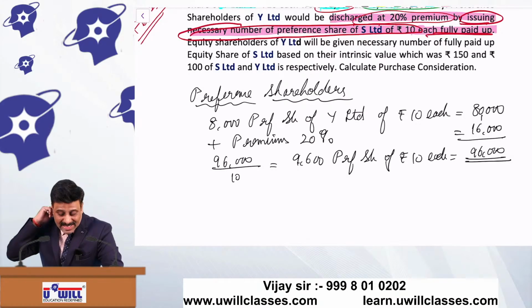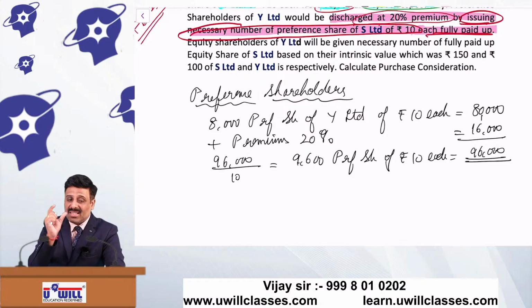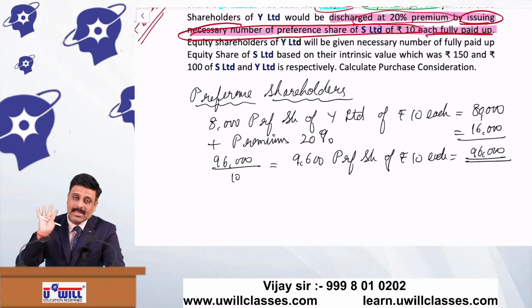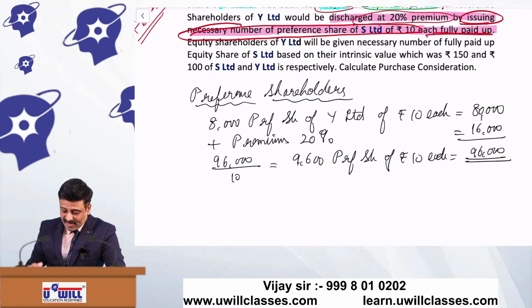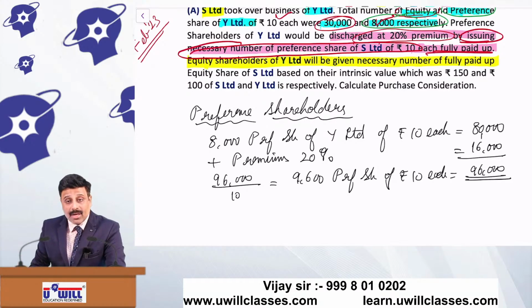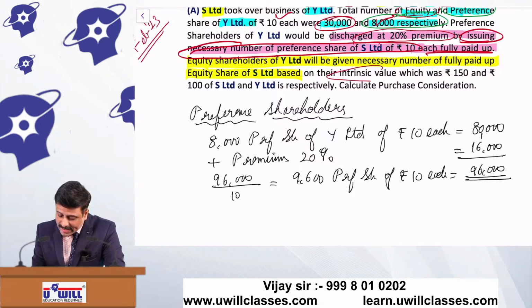So when they say discharged at 20% premium, remember the word discharged. In long questions also it will help you. Discharged at a premium means you are paying them more. Discharged at a discount means you are paying them less. But shares will be issued at face value only. Now going further, they say equity shareholders of Y Limited will be given the necessary number of fully paid equity shares of S Limited based on their intrinsic value.